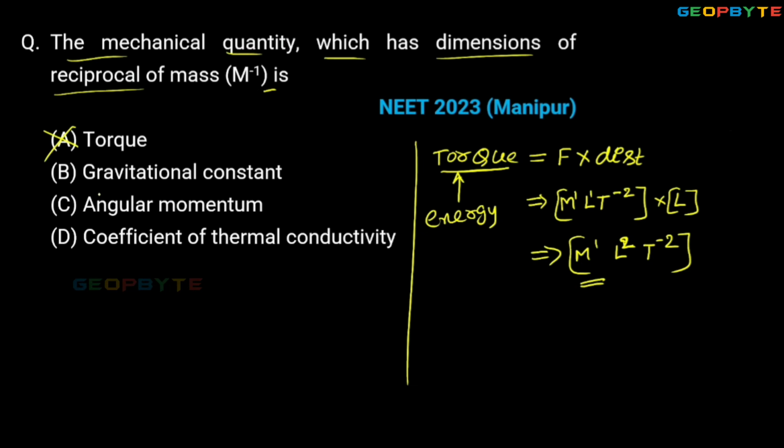Now let us take B, the gravitational constant. Listen carefully. I am trying to explain each and every point in a crystal clear manner for your better understanding.